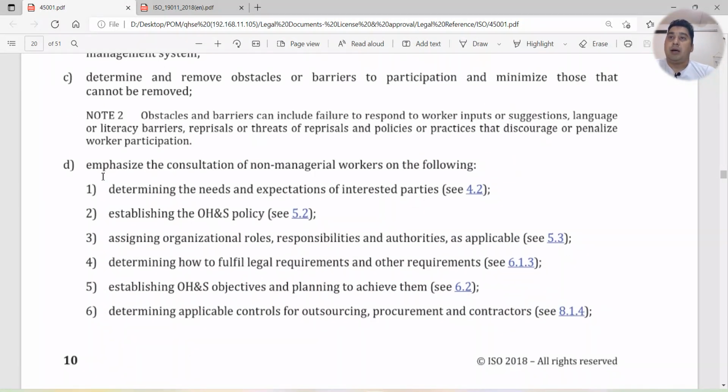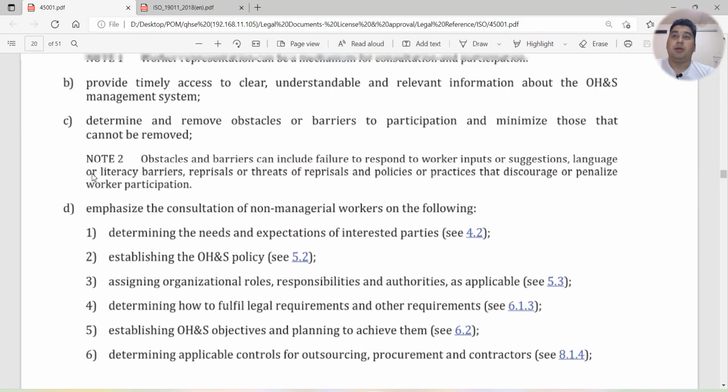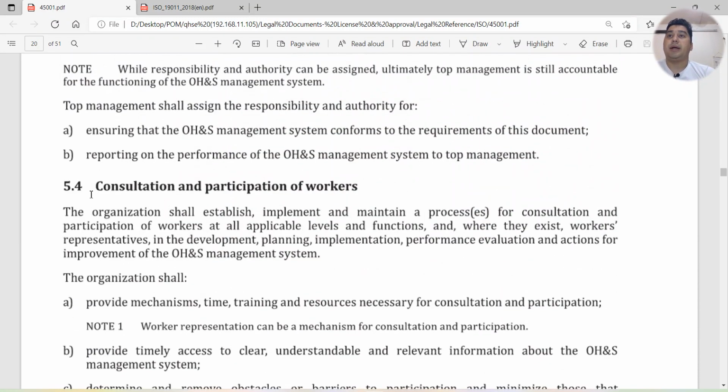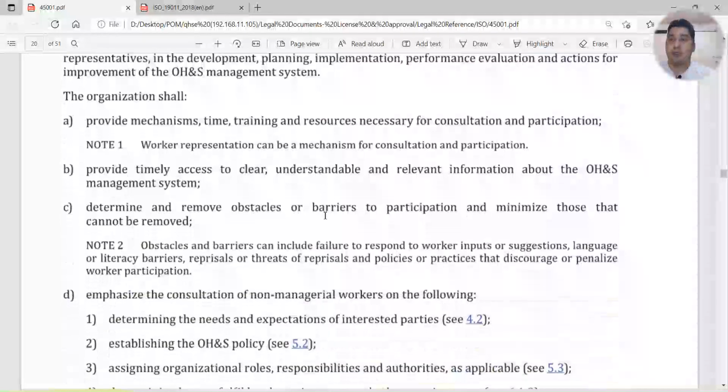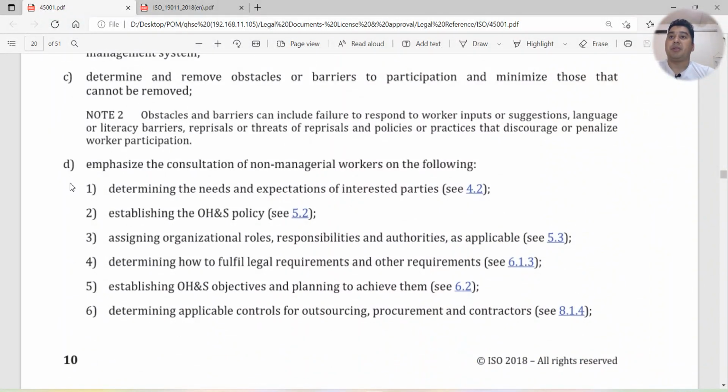This clause is for consultation and participation of workers, how we have to do the consultation with the workers, and how we make sure that workers participate in the health and safety management system.